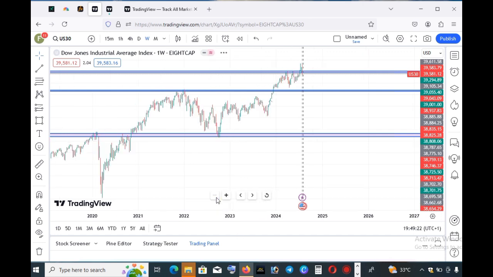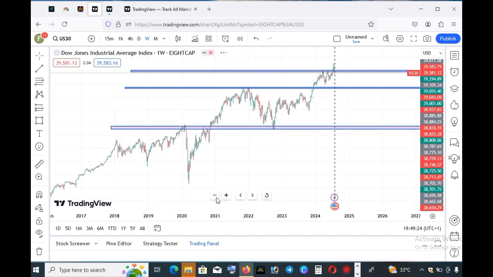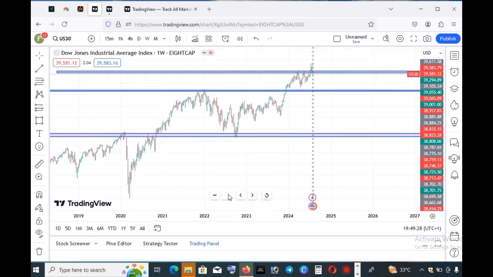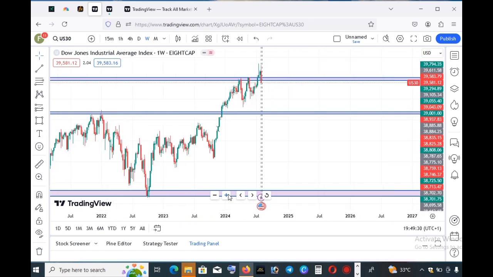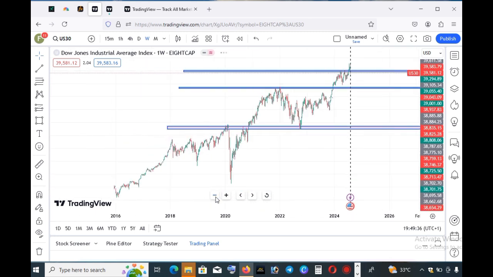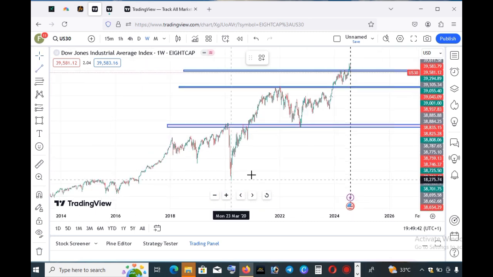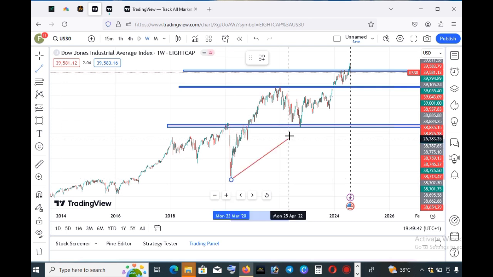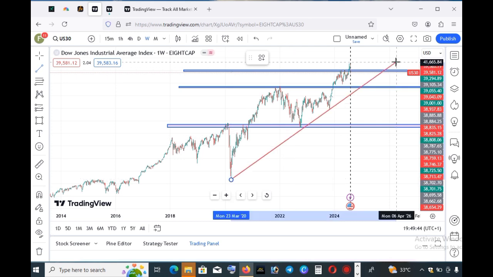Okay, from what I'm seeing on weekly time frame, we are still in an uptrend, as you can see. Then the next thing I'm going to do is to plot a trend line. We have a kind of first touch, second touch, third touch around this zone.